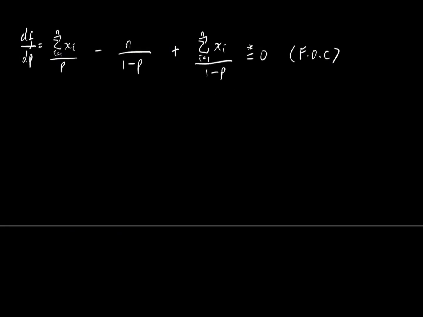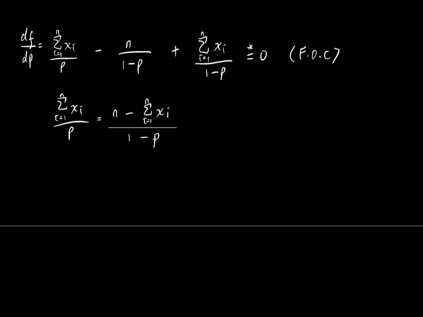It really doesn't matter. Now this is going to be equal to n minus sigma xi over 1 minus p.